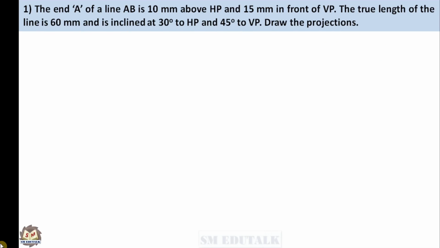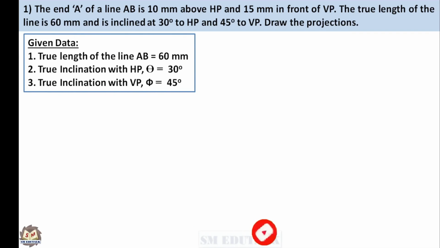The end A of a line AB is 10 mm above HP and 15 mm in front of VP. The true length of the line is 60 mm and is inclined at 30 degree to HP and 45 degree to VP. Draw the projections. Given data, it is given that true length of the line AB equal to 60 mm.